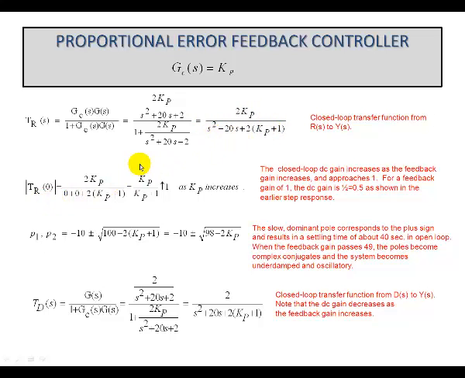Now, let's see what the DC gain of this system is. The DC gain, meaning the zero frequency magnitude of the transfer function, will give us the number by which a zero frequency or a constant input will be multiplied in order to produce the output.